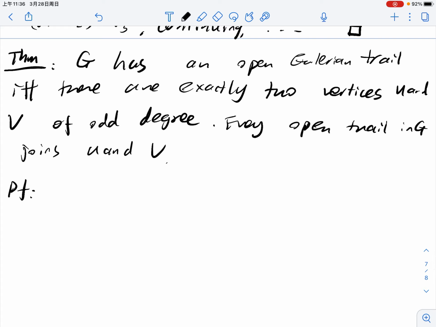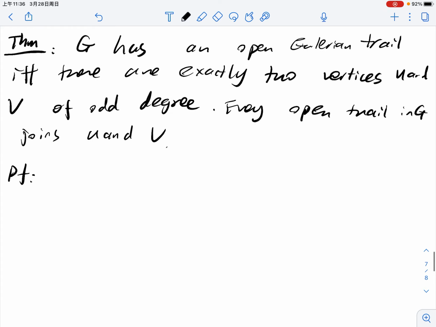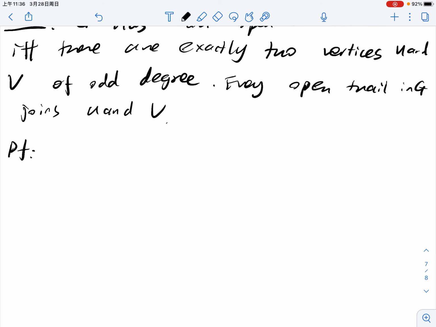And the proof, you can repeat the above procedure once, but we have some detour to get rid of all the difficulty we already dealt with. So first, let's prove the easier direction.